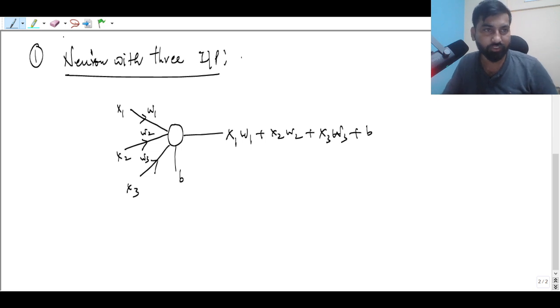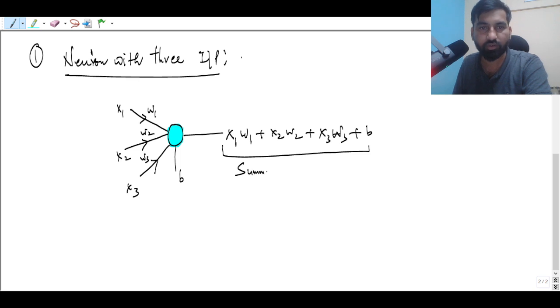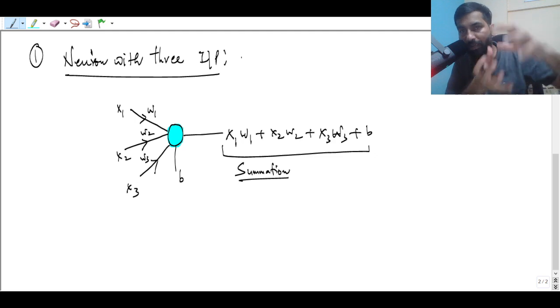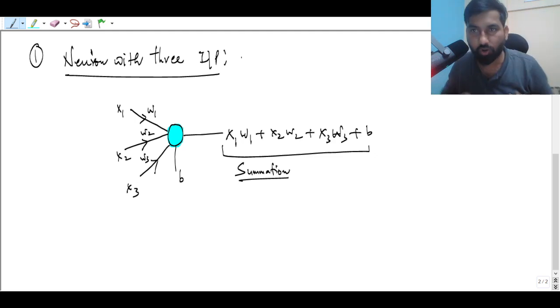So the artificial neuron performs this summation operation: it takes the inputs, multiplies them with the corresponding weights w1, w2, w3, and sums them up. This is the structure you have to remember in order to solve this question.